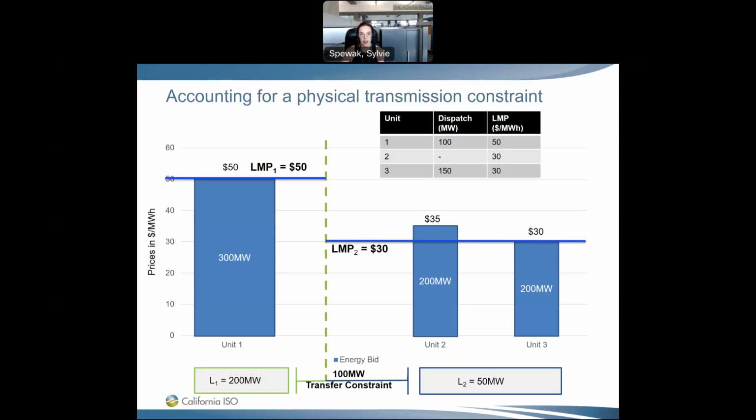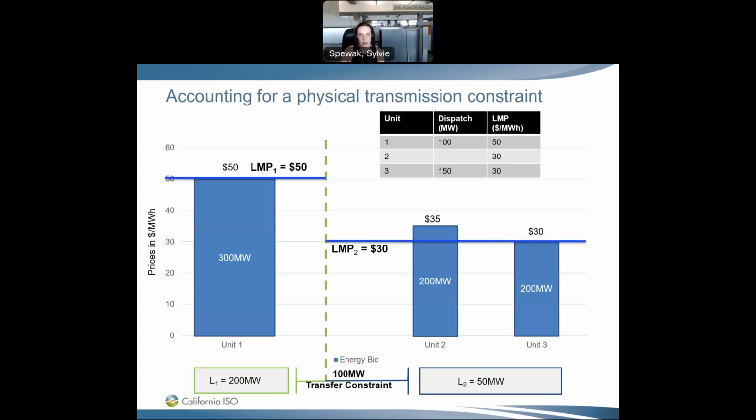We only need 100 megawatts from Unit 1, which means it makes zero profit, and it's indifferent to operating across its operational range. Unit 3, we only need 150 megawatts from, so it makes zero profit, and it is indifferent to dispatching across its operational range.